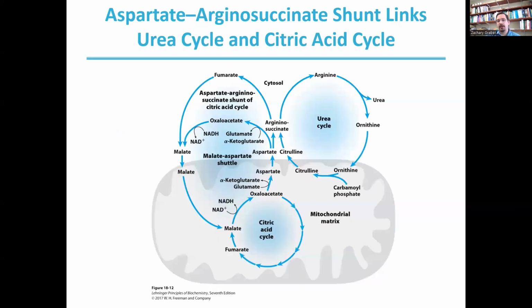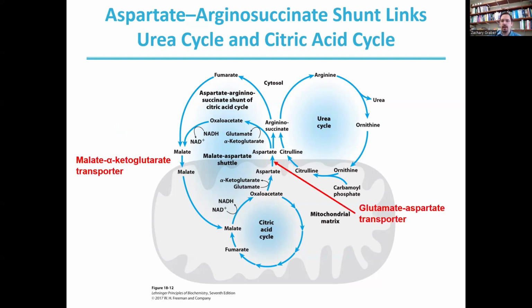Now, of course, the other mechanism of shuttling NADH into the mitochondria we've already looked at before. That's through this malate aspartate shuttle that uses our malate alpha-ketoglutarate transporter and our glutamate aspartate transporter to transport that aspartate out that we need for the urea cycle, as well as transport malate back in that we need for the citric acid cycle.